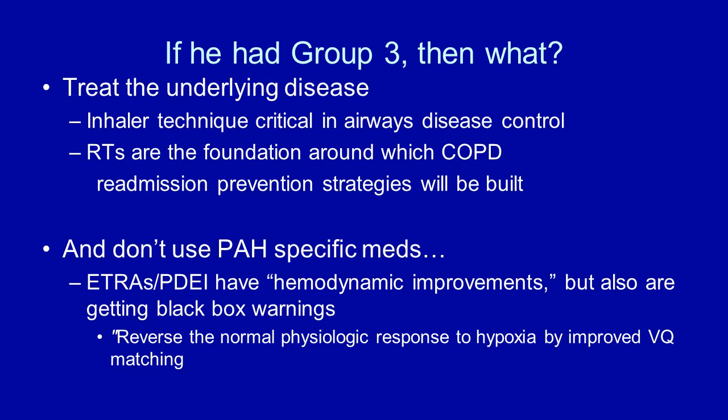Using PAH-specific medications that are all pulmonary vasodilators, you end up undoing the VQ matching that the lungs did to make it so that there was ideal VQ matching. And we can see profound hypoxemia at maximum doses of some of these medications. So you really don't want to use the PAH-specific medications in people with WHO group 3 disease.